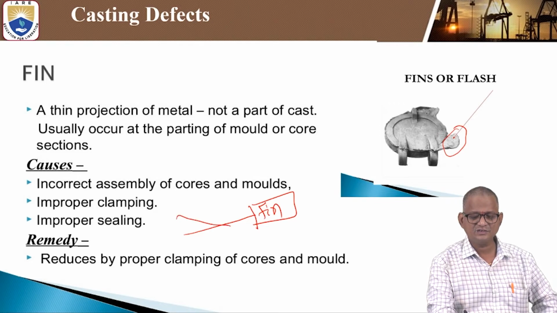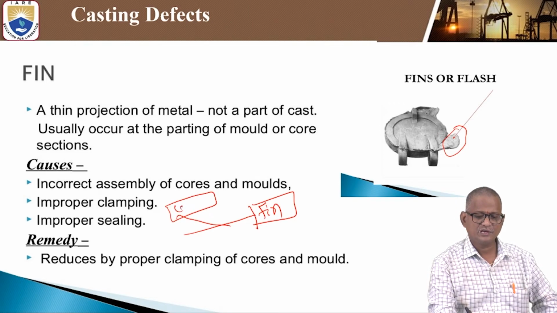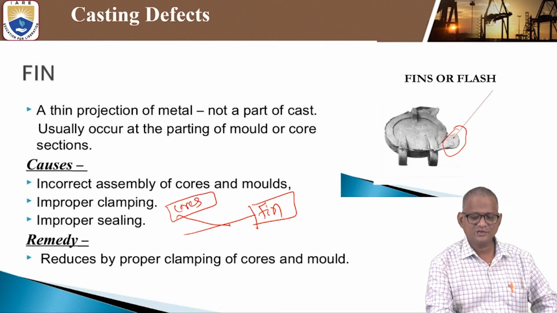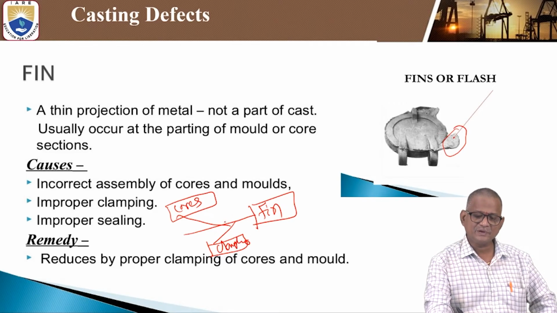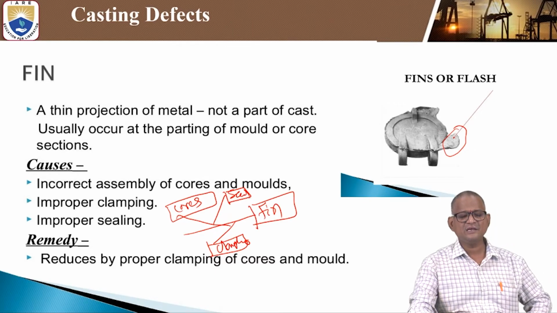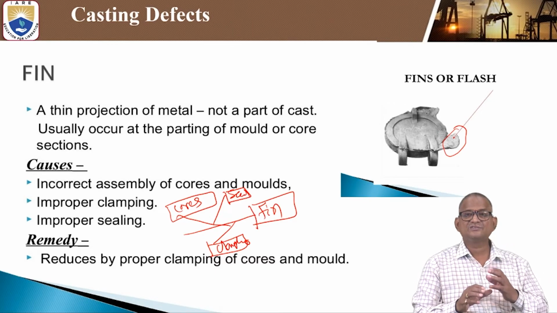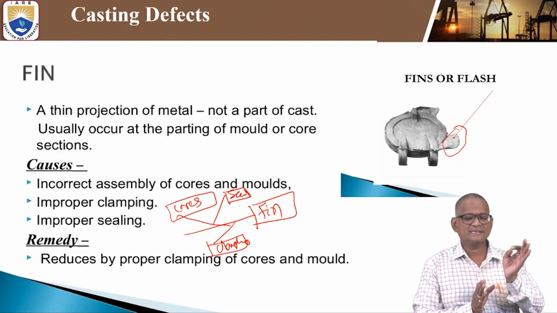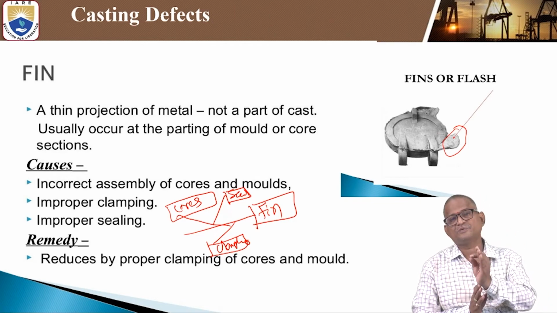It occurs due to incorrect assembly of the cores, improper clamping, and improper sealing. These are the 3 major causes. To avoid these, correct assembly of the core and mold should be maintained.